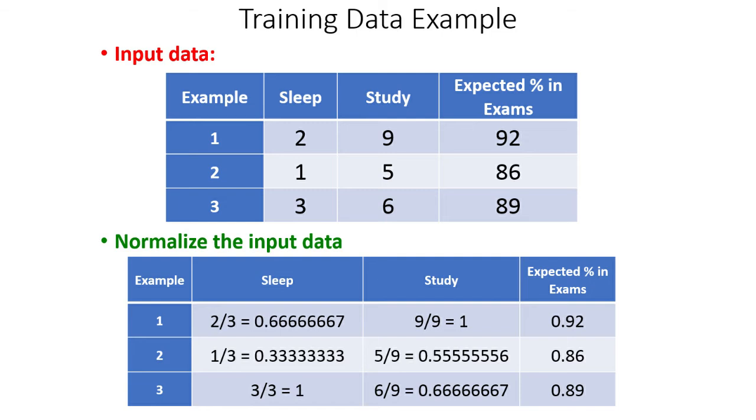So, the first row will be 2 by 3, second row will be 1 by 3, and third row will be 3 by 3. Like this, we need to divide by the biggest number from each column for that feature. For the class column, that is expected percentage in exams in our example, we will divide each element by 100.